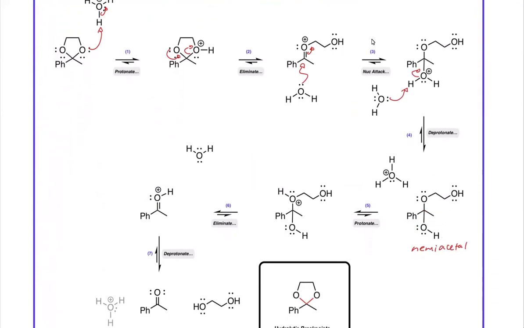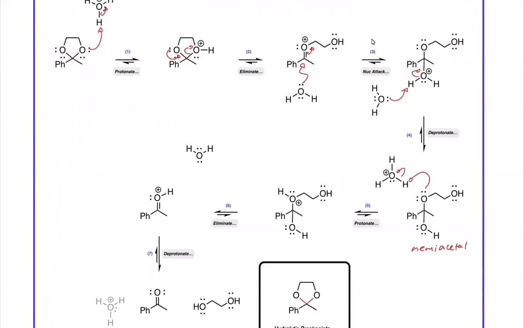Now, because we're doing acetal hydrolysis, we're eventually going to kick out that portion there as another leaving group. But before I kick it out, I need to protonate it to make it into a potential neutral alcohol leaving group. I protonate the OR component, just like we did to begin with, to increase its leaving group propensity.